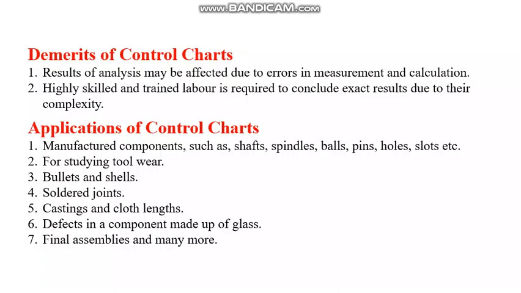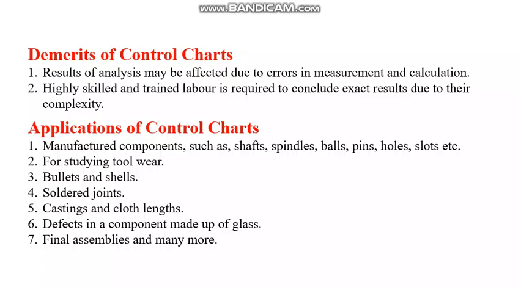So calculation errors won't come unless you do it manually, but measurement errors can come. Those also can be eliminated if trained quality inspectors do the measurements. Anyway, unless these are done properly, errors may come in, so we cannot depend that much upon the results of analysis.